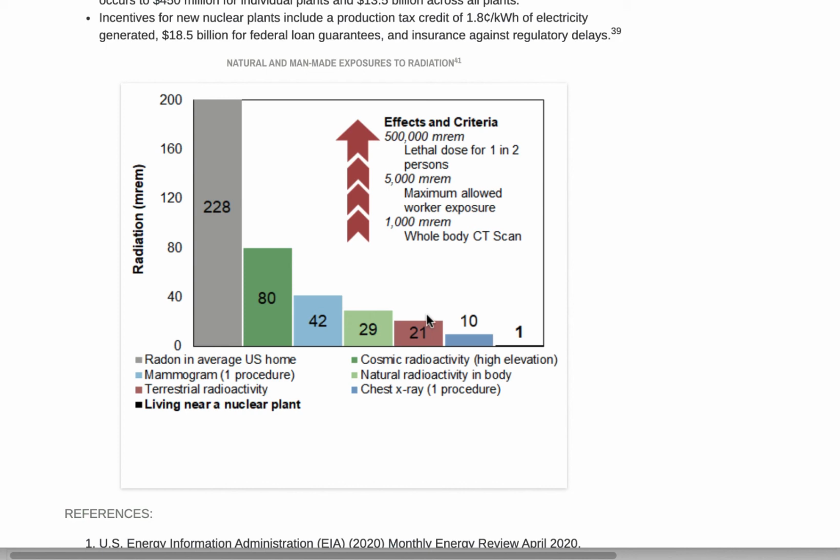And so this is just from living on the Earth. Here's a chest x-ray. And this is from living near a nuclear power plant. So you can see it's a much smaller one compared to these other naturally occurring sources.